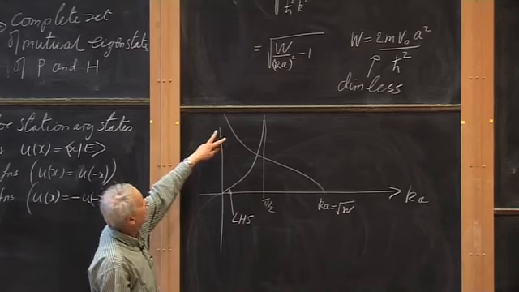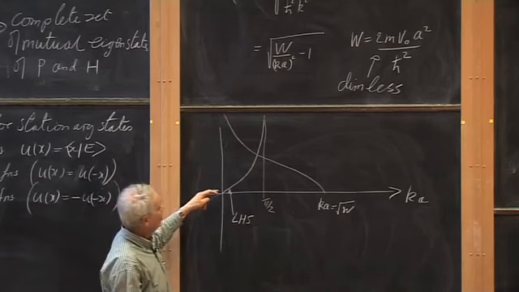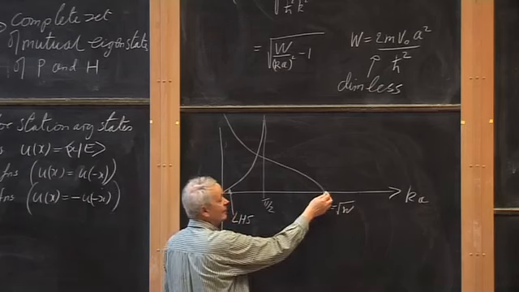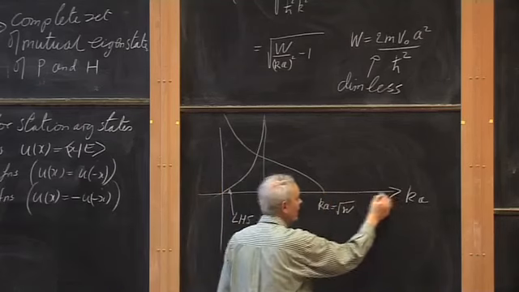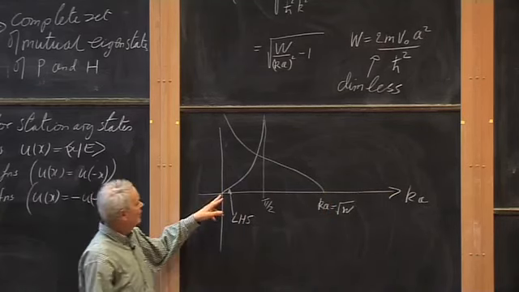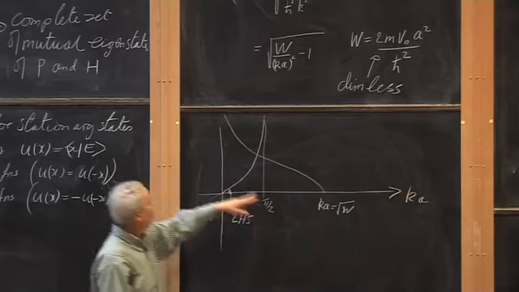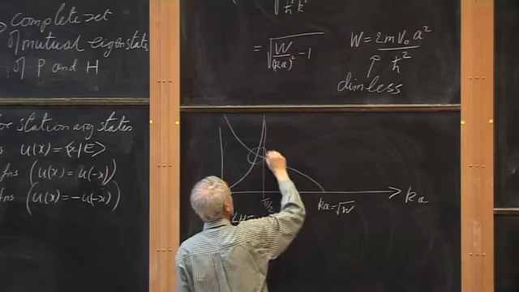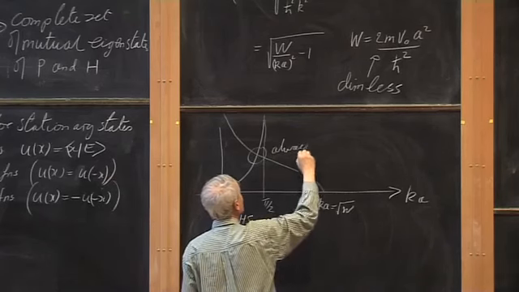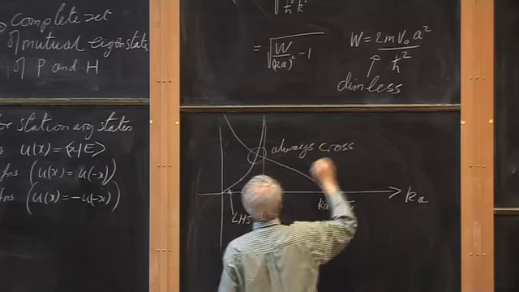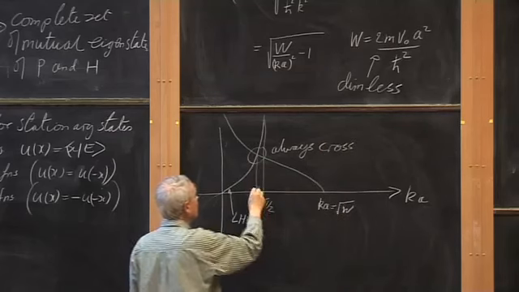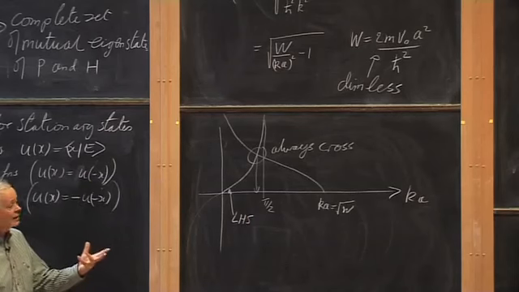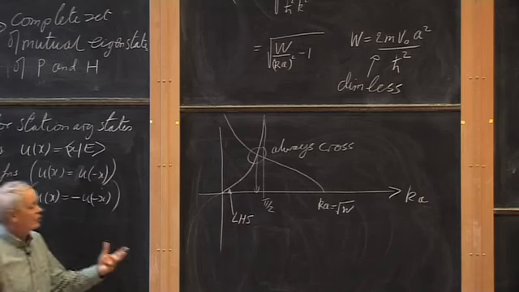And from this it's obvious now that no matter what the value of w is, so as you change the width and depth of the potential, you move this point to the right or the left, but no matter where you put it, from nowhere to infinity, there will be this intersection here. These two curves always cross. And where they cross gives you a value of Ka, and therefore a value of k, which is a solution to the time-independent Schrödinger equation.